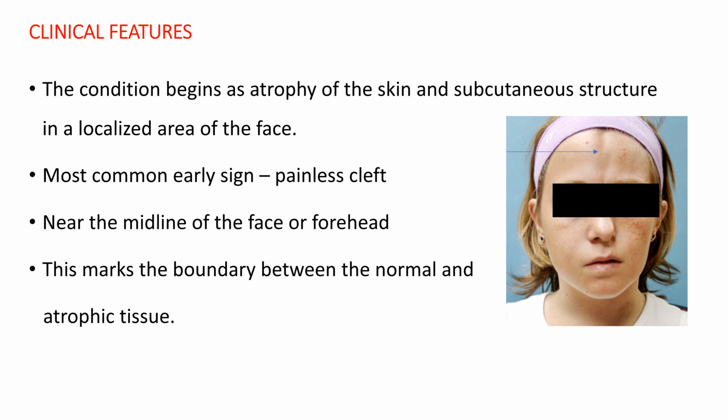In the picture you see the arrow mark, there is a cleft. That is the boundary between the normal and the atrophic tissue. The right side of the patient is the normal tissue and the left side of the patient is the atrophic tissue, or the size is reduced.